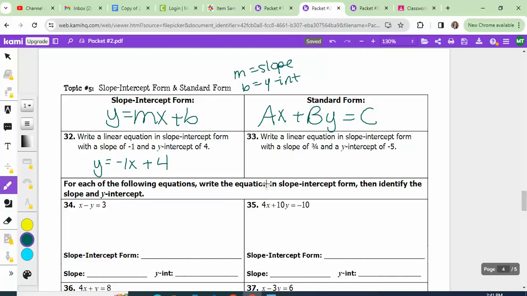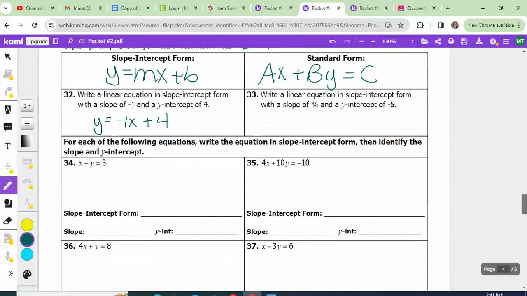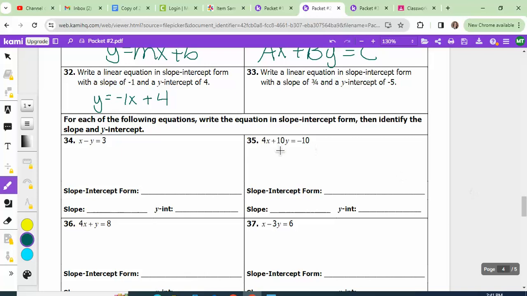Alright, I'm going to do 2 final examples. 35. If I asked you to put this in slope-intercept form, 10y equals 4x minus 10.